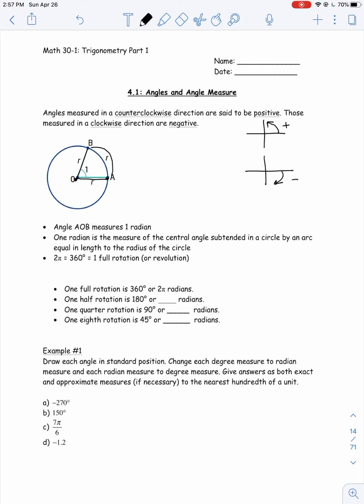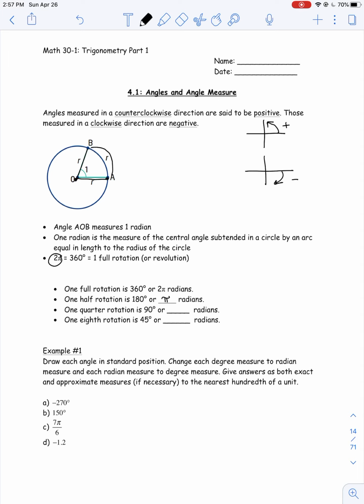When we look at a circle, in the past we've said that a circle is equal to 360 degrees. But now we're going to start looking at this value of 2 pi being equal to 360 degrees. So 1 full rotation is 2 pi or 360 degrees. Half of a rotation is 180 degrees, which means that half of 2 pi is pi.